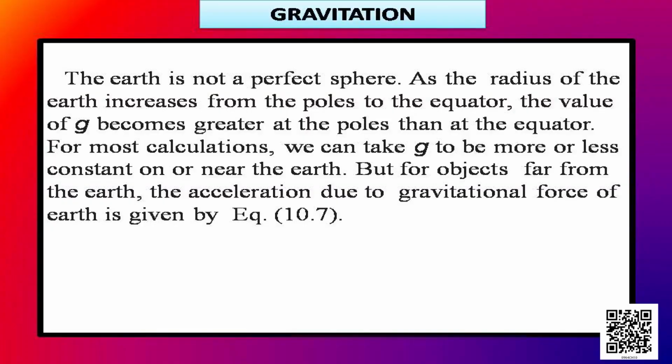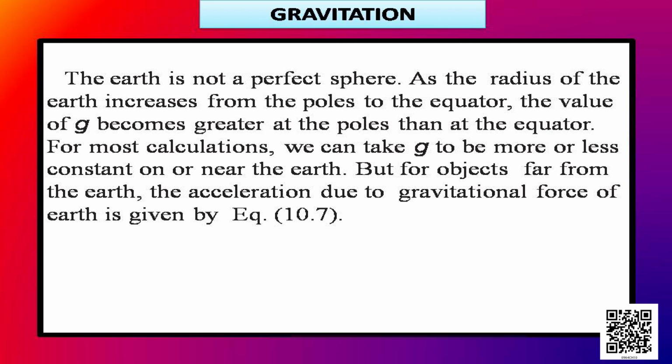Students, the earth is not a perfect sphere. As the radius of the earth increases from the poles to the equator, the value of g becomes greater at the poles than at the equator. For most calculations, we can take g to be more or less constant on or near the earth.